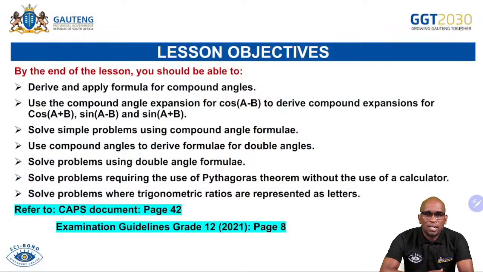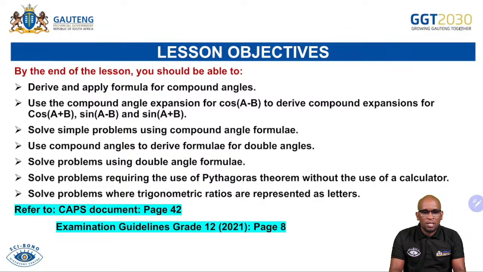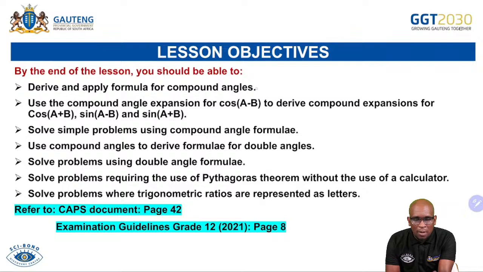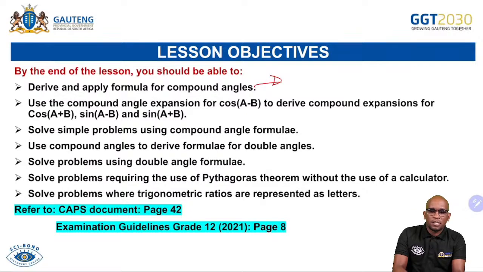Let us look at the lesson objectives. We are checking what you should know at the end of this particular lesson. You should be able to derive and apply the formula for compound angles, and that formula is not examinable.